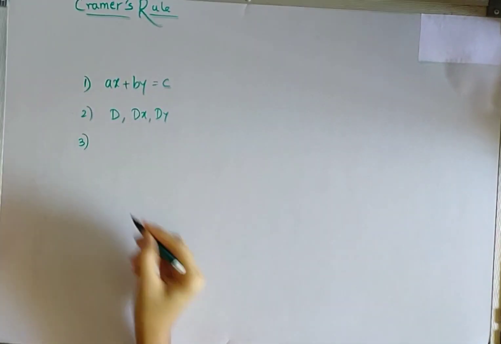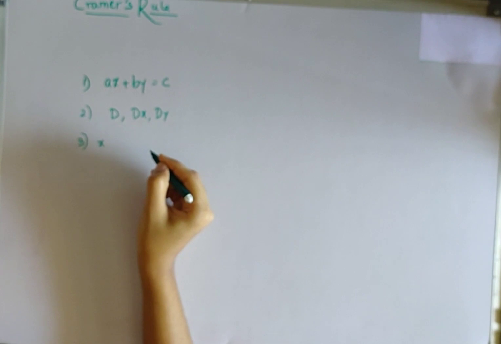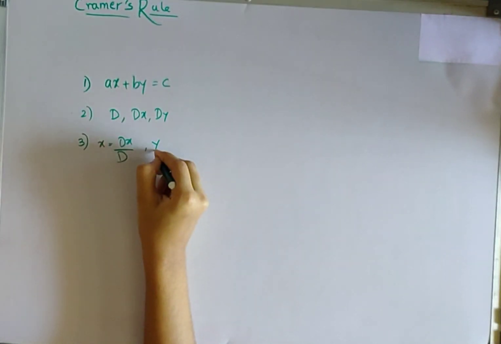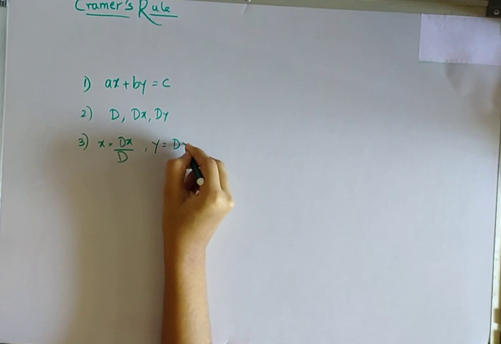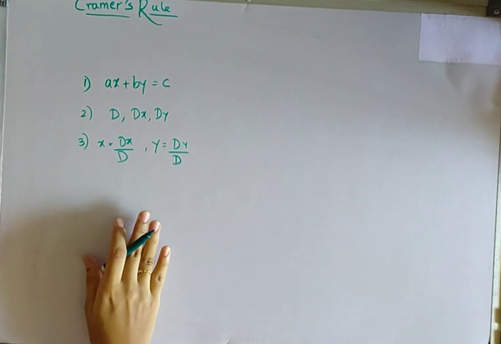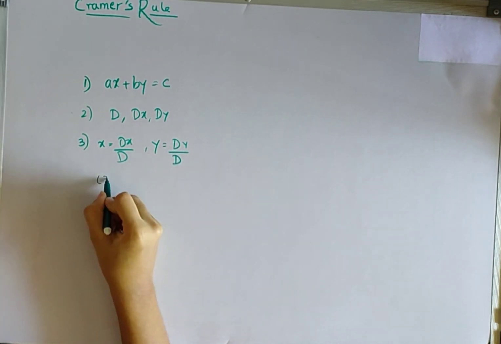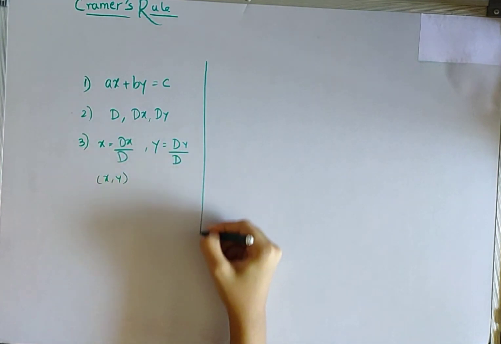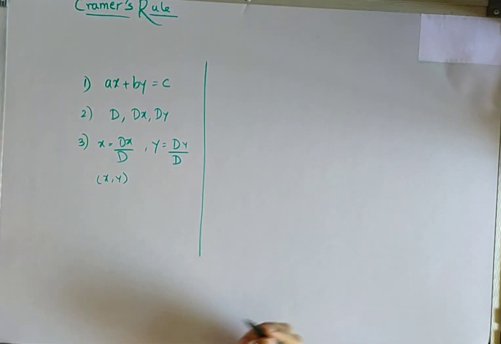Next, you have to find x from the value dx by d and y from the value dy by d. This is what you need to find, and the solution for your equation will be x comma y. Now let's move forward to solve some examples so that you will understand them more clearly.